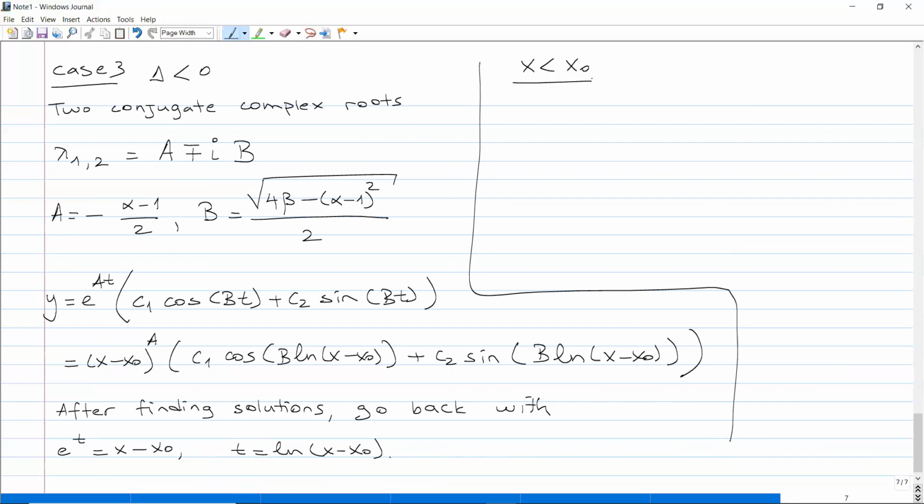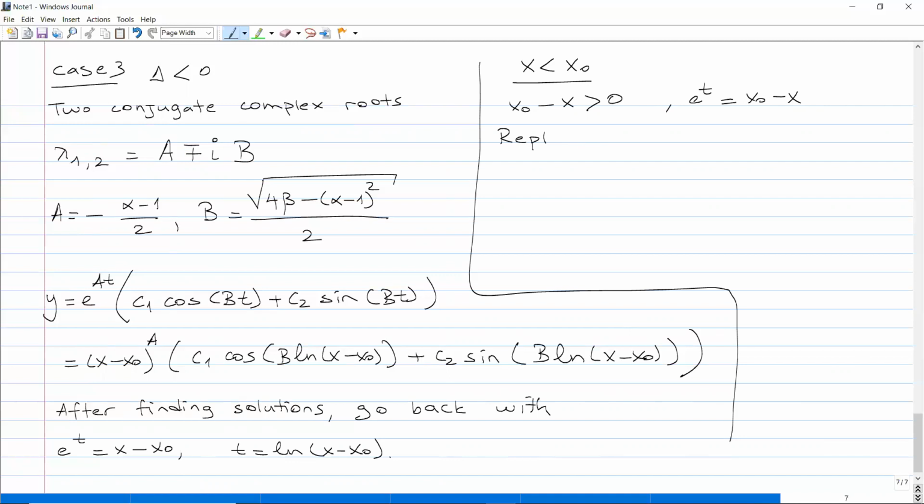What about the interval where x is less than x0? In this case, x0 minus x is positive. For derivatives, you need to be careful. So e to the t now is x0 minus x, but you can work out the details.